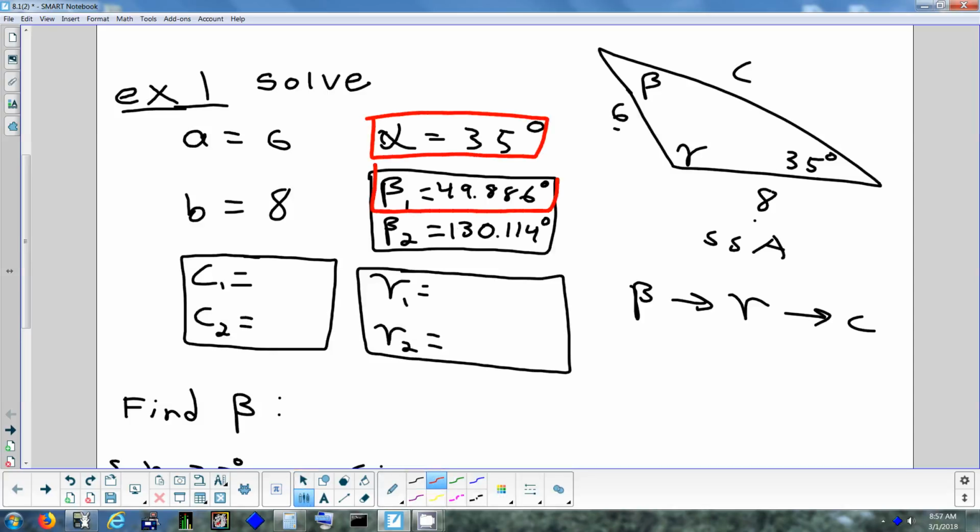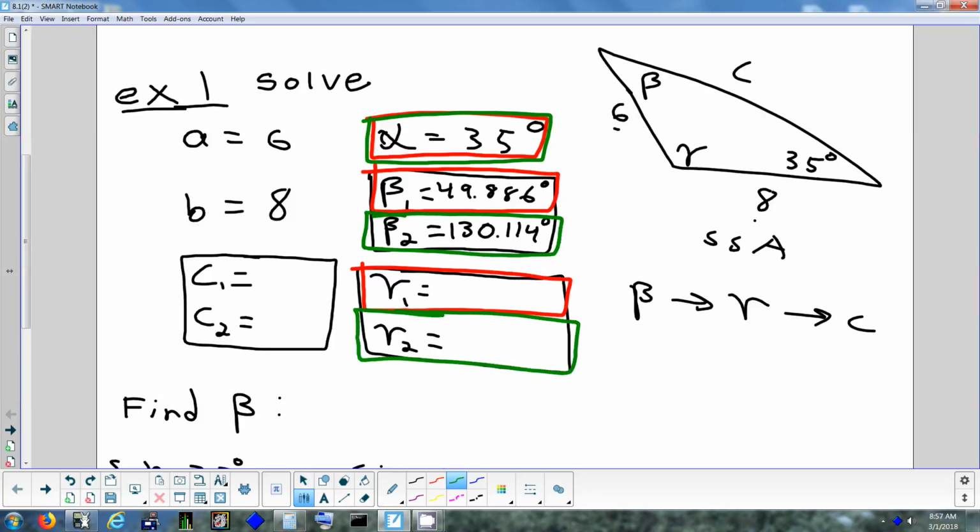Beta 1 is going to be in the red triangle, and gamma 1 is going to be in the red triangle. For the other triangle, it's going to have alpha, so alpha is in both, beta 2, and gamma 2. So those are the 3 angles that are in the green triangle.